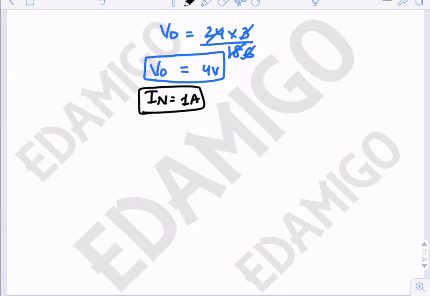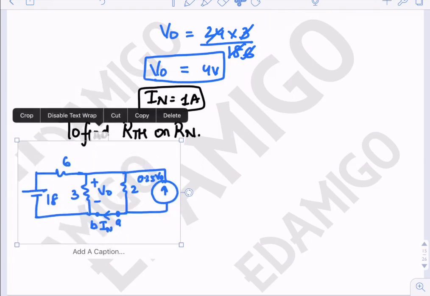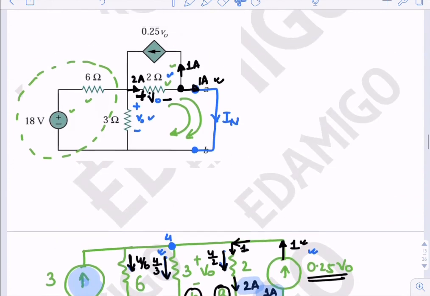Clear? Now to find RTH or RN, they have the same method. Now let me copy the figure.